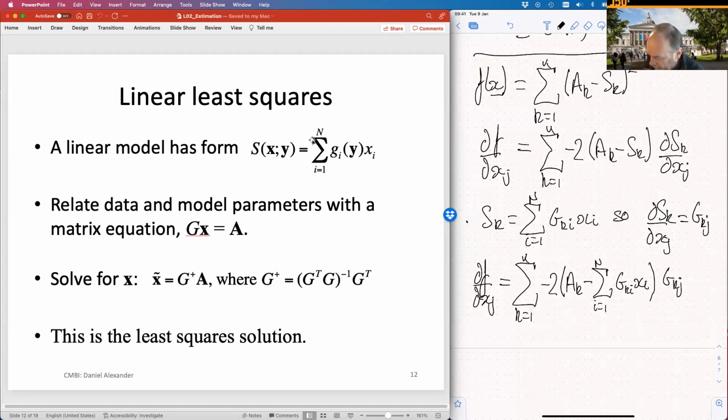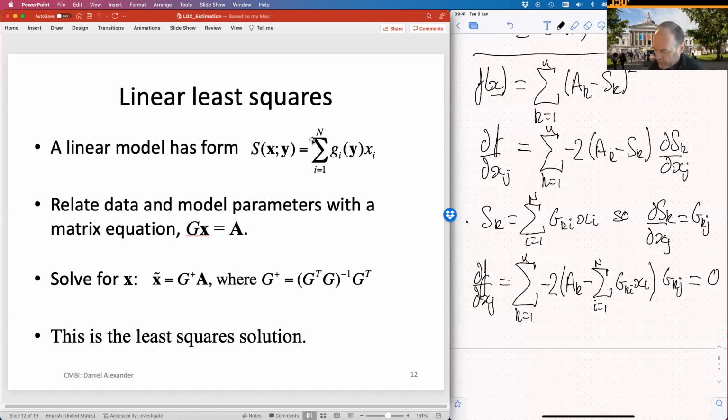And as we noted a minute ago, this of course equals 0 at the least squares solution by definition, because at the least squares solution, f is at a minimum point.